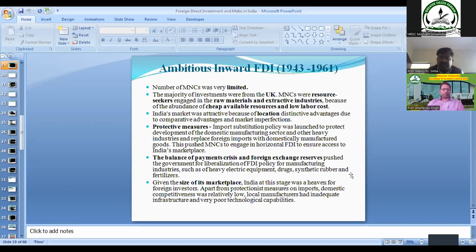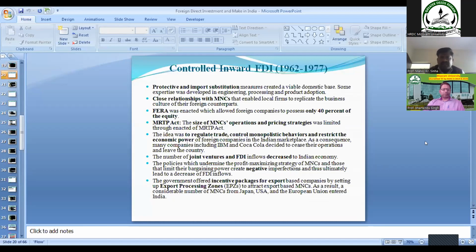But due to balance of payment crisis and the foreign exchange reserve, the government of India liberalized FDI policy to some extent, particularly in the manufacturing sector, such as heavy electric equipment, drugs, fertilizer, etc. The next period policy is the controlled inward policy. It is an extension of the previous one. In this case, we followed the protective and import substitution policy.